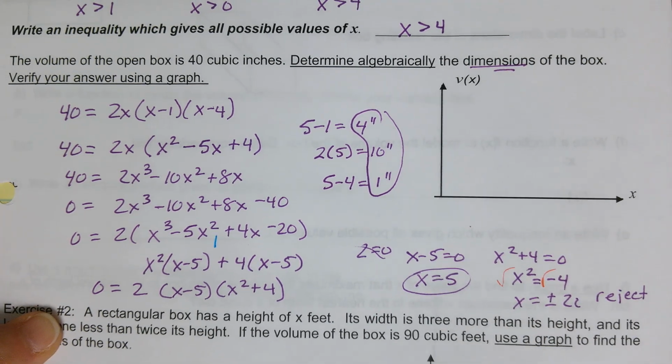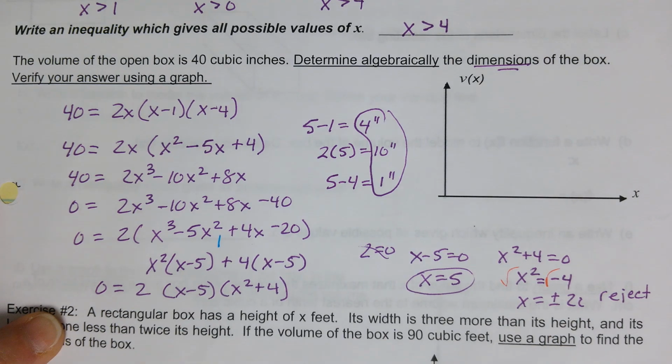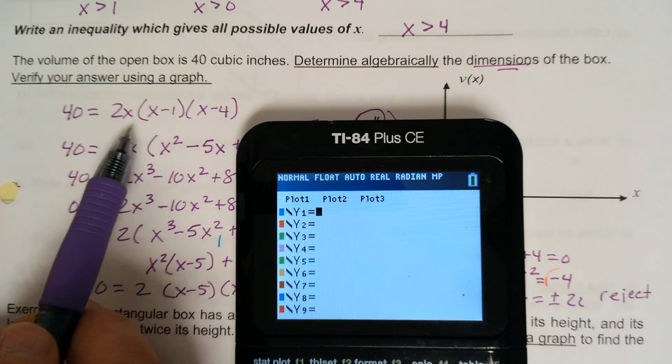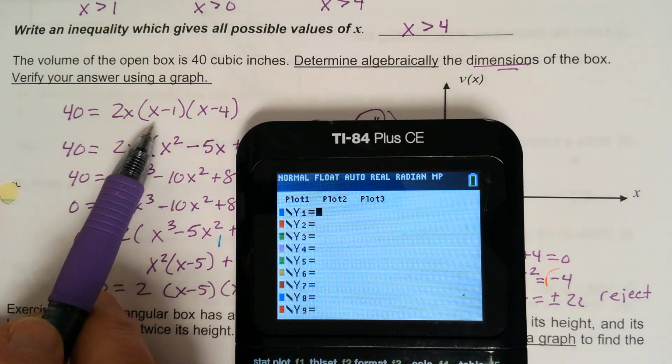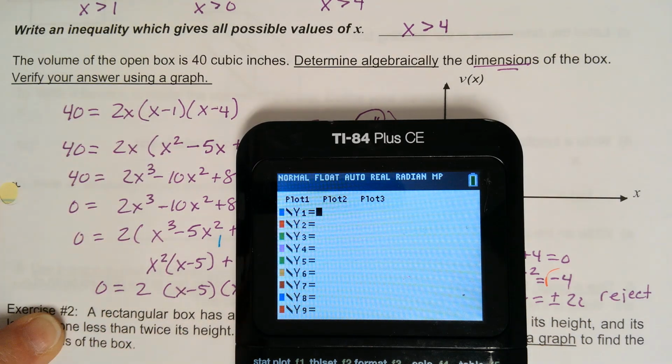Now checking it graphically, I'll take the right-hand side of our equation and put it in for y1. And please make sure you're doing the same at home.